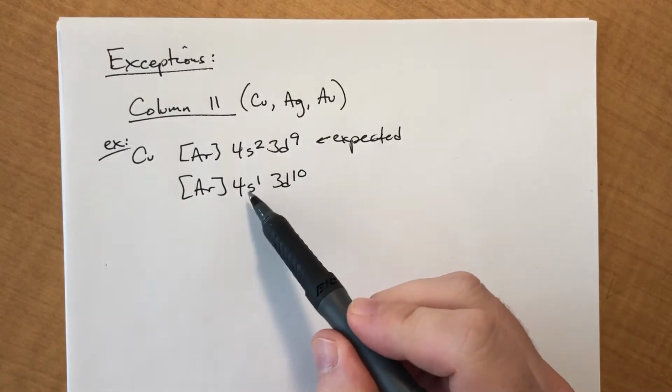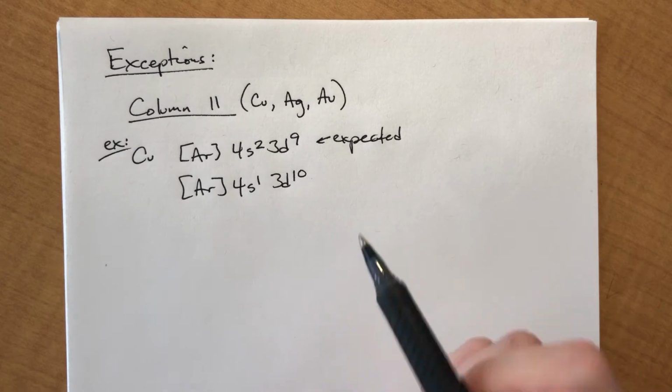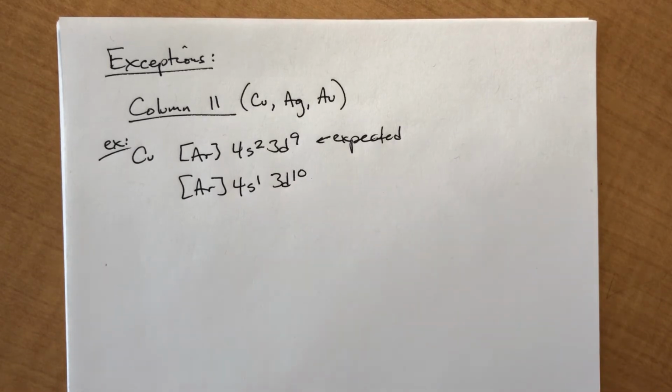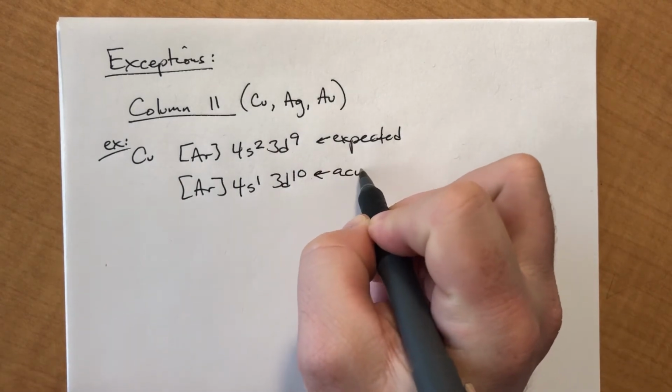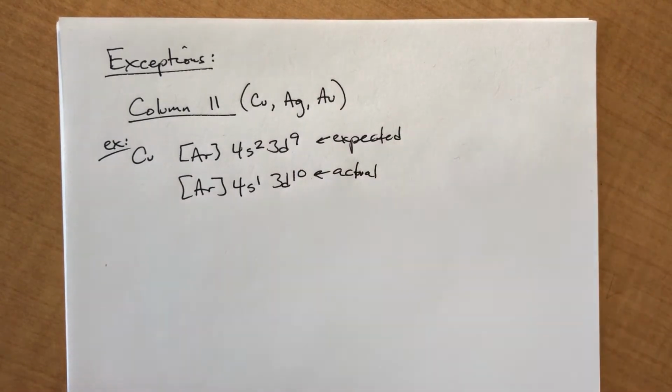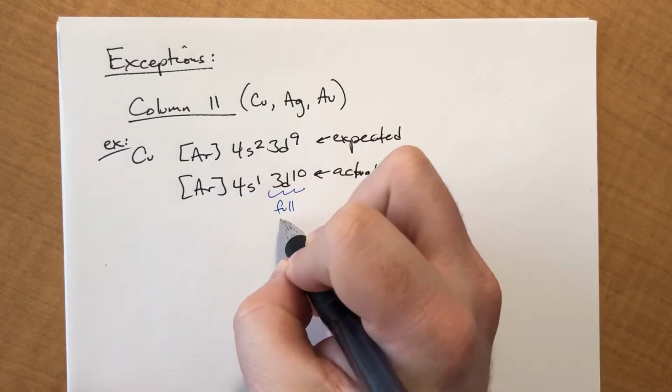Because having a full d orbital is the best option available, it actually steals one of the s electrons to make sure this is full. So I guess I could label this as actual. And the idea is this is a full d orbital.